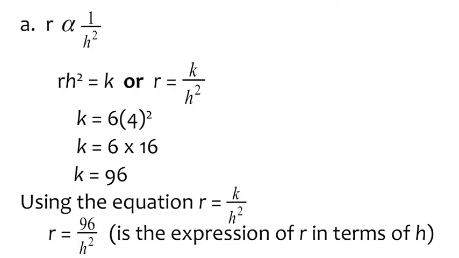Or, making r the subject of the formula, this equation can be expressed as r equals k over h squared. Now to find the value of the constant, which is k, we substitute the value of r, which is 6, and the value of h, which is 4, into the given equation.